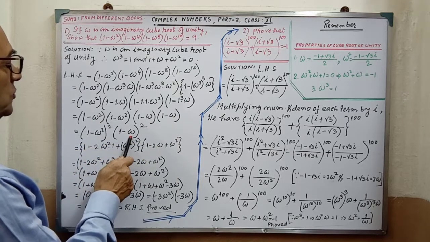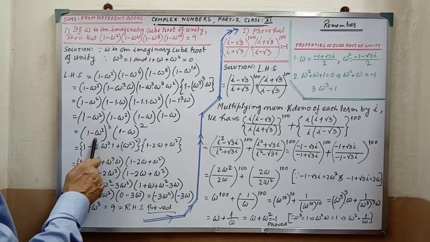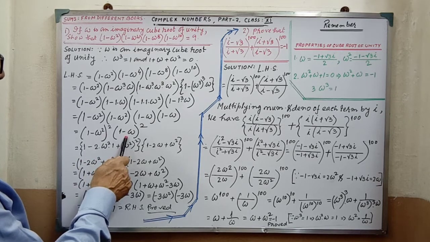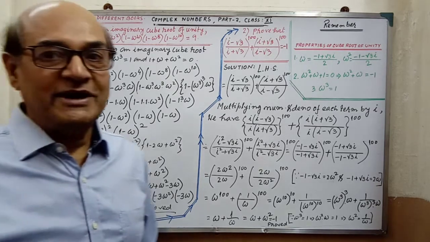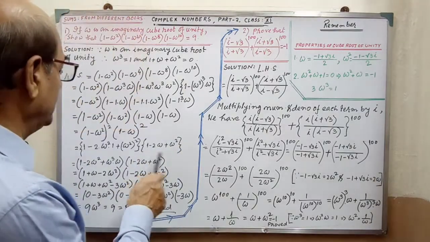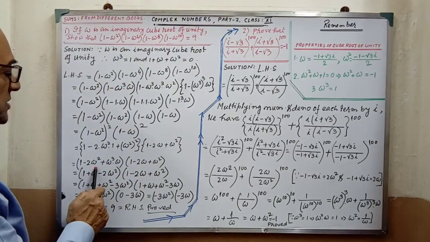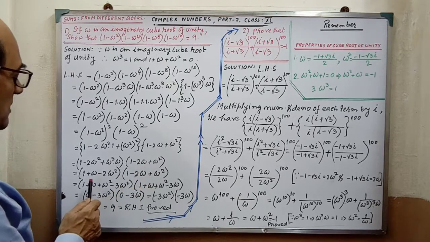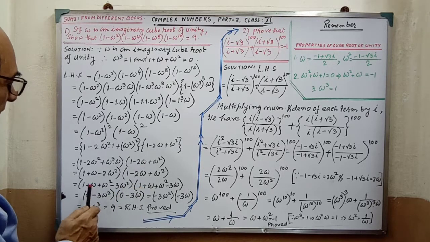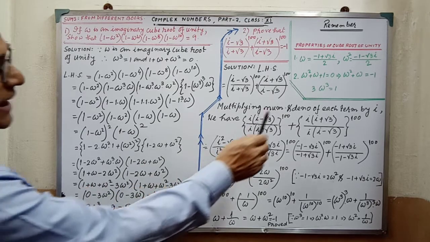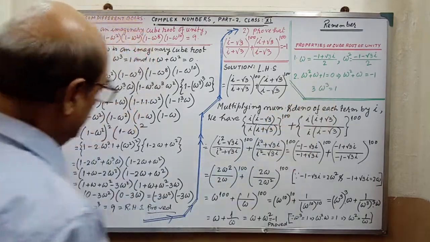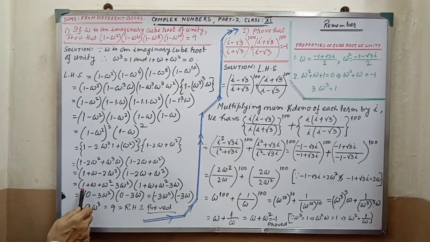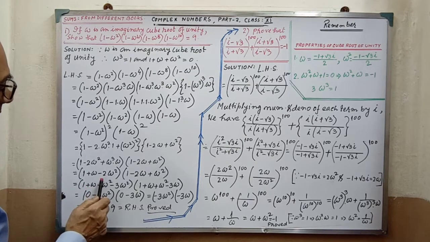By simplifying we are getting a minus b whole square, and this is also a minus b whole square. By applying the formula a square minus 2ab plus b square, we are getting this. Then by multiplication we are getting this. Then we have to arrange in such a way that we get this frame, and this is why I have taken 1 plus omega square from here.